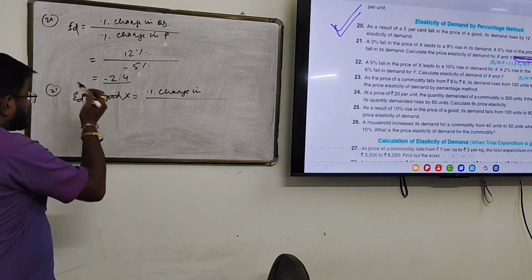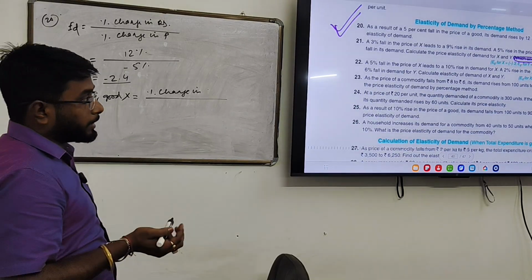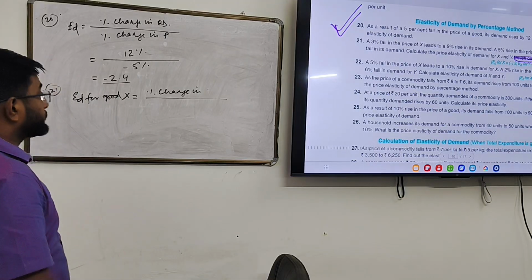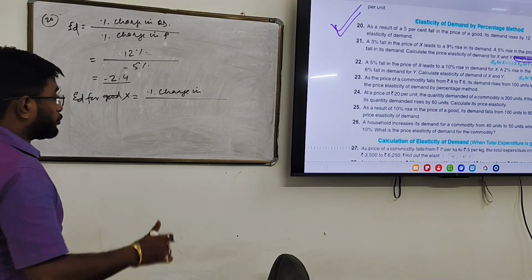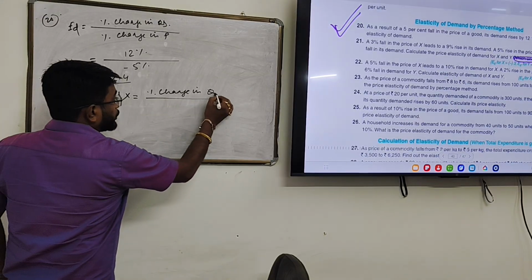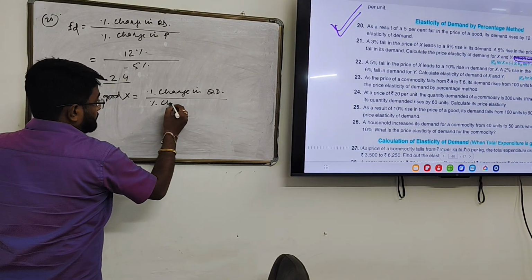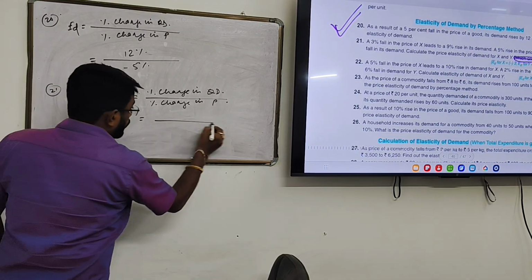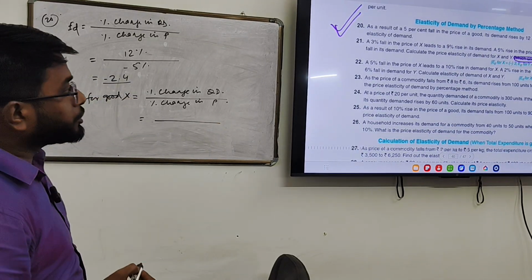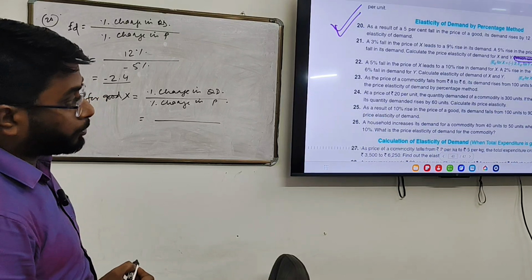Clear? Come to 21. In 21 you are having two questions. One is elasticity of demand for good X, which is equal to percentage change in QD divided by percentage change in price. Now for good X, what is the percentage change in QD? Look at the question.